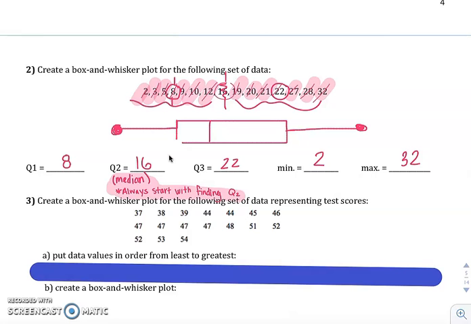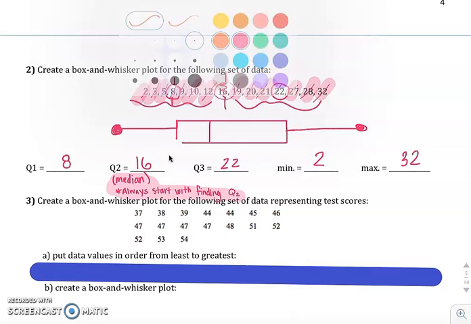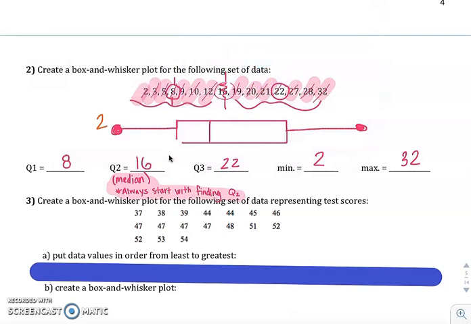So the first whisker, that first point is your minimum value, so that will be 2. Your Q1 is the first line, so that's going to be 8.